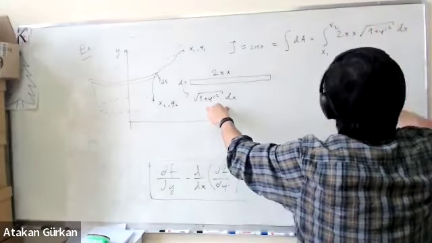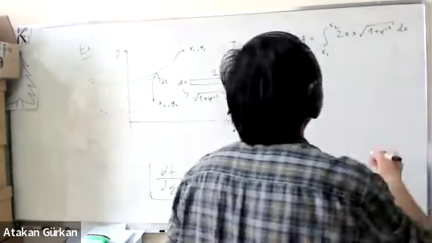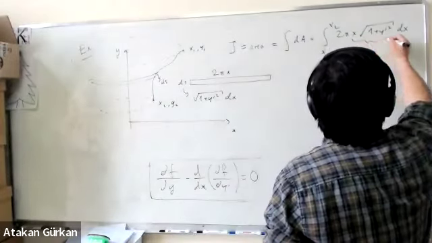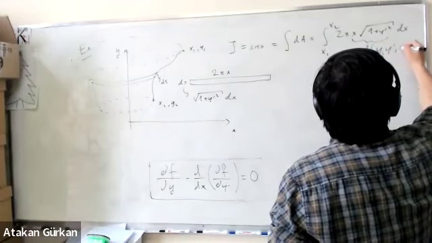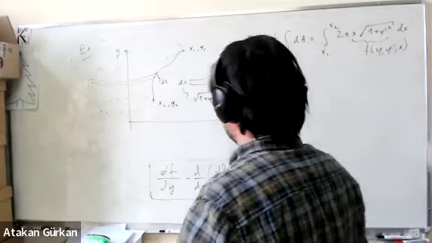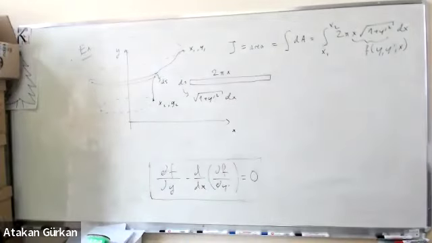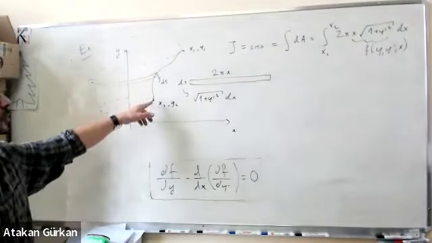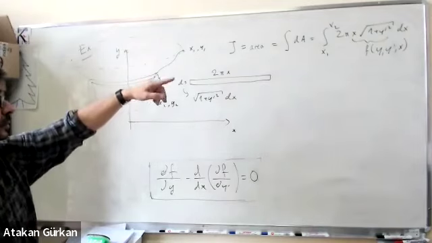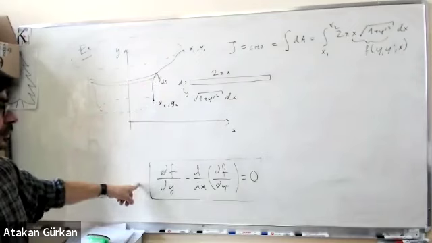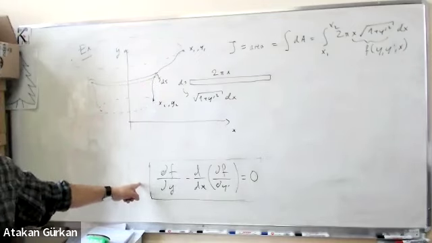And voila, we have the desired form, right? This is our function f. In fact, we can write this as f of y prime and x, times dx. And so the shape that's going to make this an extremum, the stationary value of this total integral, is going to be given by the Lagrange equations.